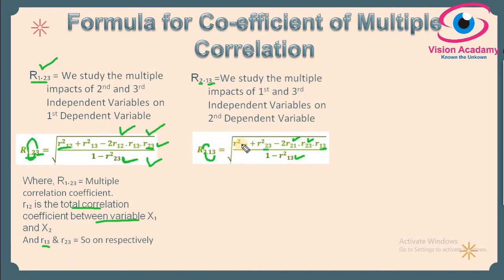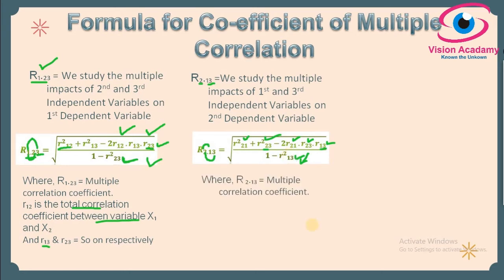So here R square 21 means one dependent variable and one independent variable, and R square 23 means the other remaining independent variable and the same dependent variable, and these two elements will be repeated here, 2 into R21, R23, and lastly R13, and the same thing is used in the denominator, R square 13. The only difference between R13 in the numerator and R square 13 in the denominator is we have used square in case of the denominator.